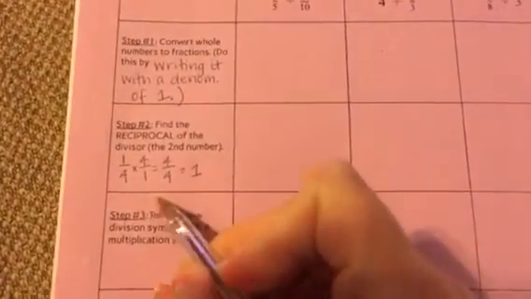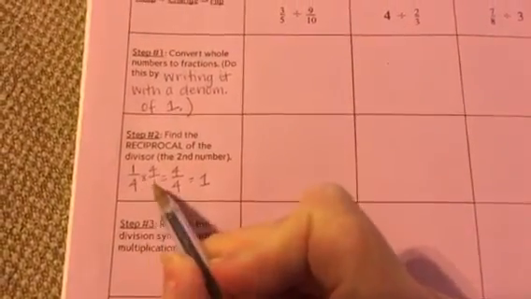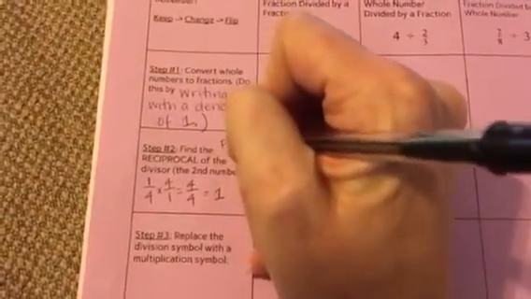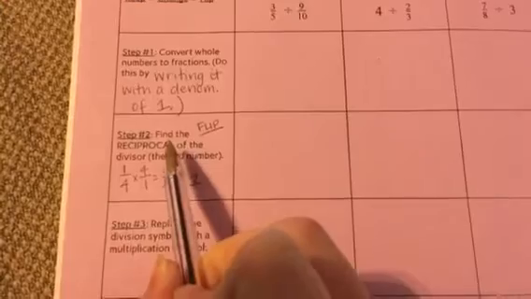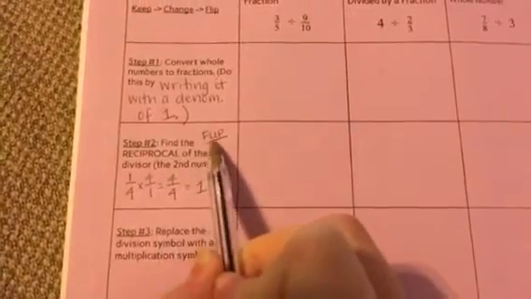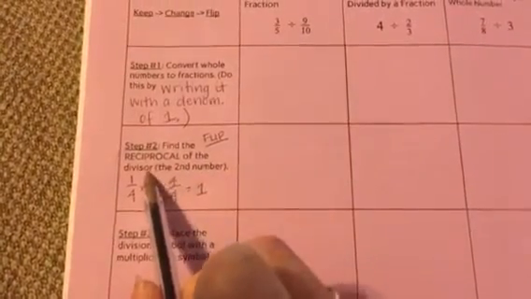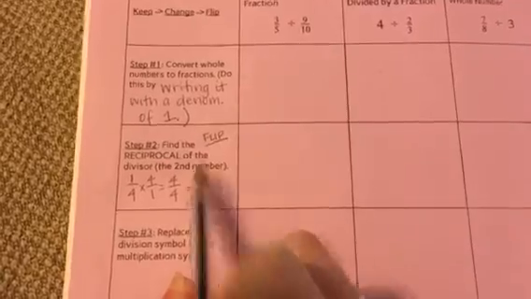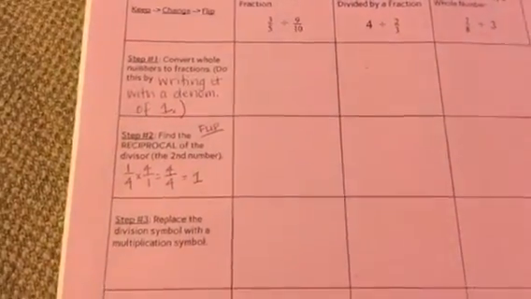So for a shortcut, we say that the reciprocal is just the flip of a number. So notice that it says find the reciprocal or the flip of the divisor, which is the second number.